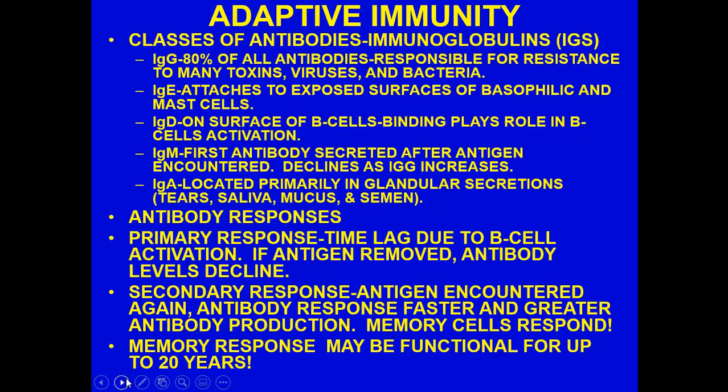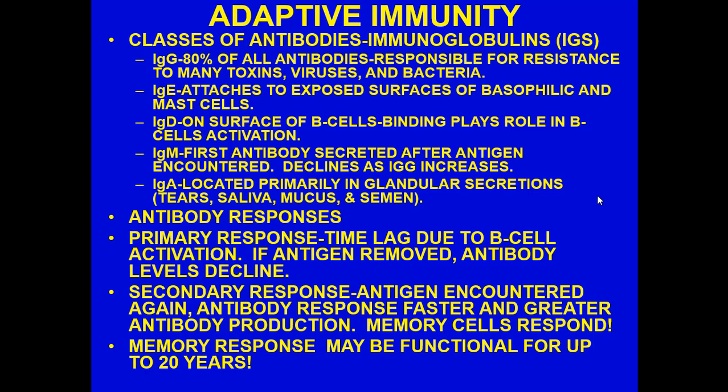Okay? Now, let's talk about antibodies a little bit more. There are 5 major classes of antibodies, immunoglobulins. Now, the term immunoglobulin, they also put down Igs. Basically they all start off with Ig, meaning immunoglobulin.